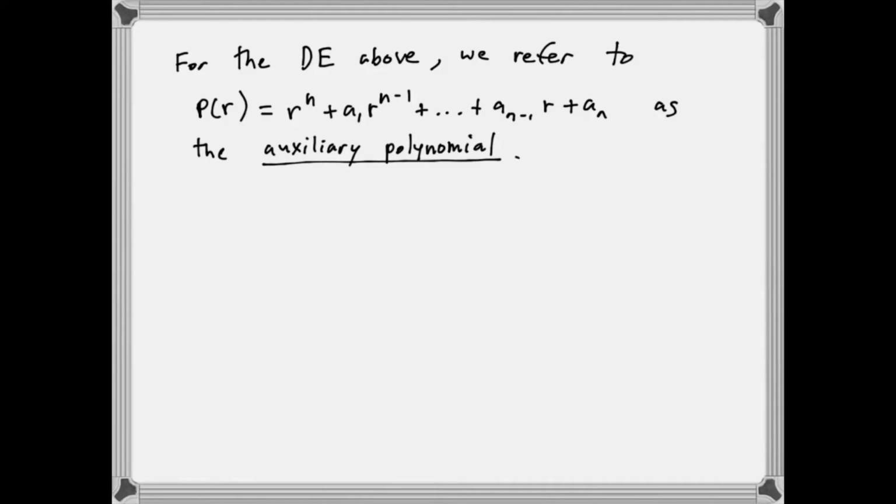So that's our terminology for that guy. And then, if we set it equal to 0, we have the auxiliary equation. It's just going to be P of r is equal to 0.